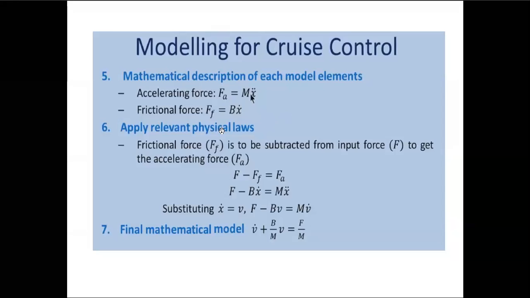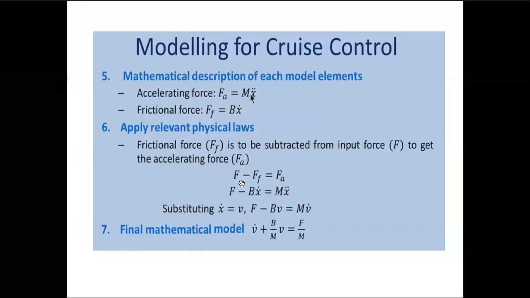These two are the opposing forces, and the force applied is F. So I can write F equal to FA plus FF, where FA is the opposition force because of the mass and FF is the frictional force. In turn, F equal to m d square x by dt square plus B dx by dt. This is the mathematical representation of my system in terms of displacement.